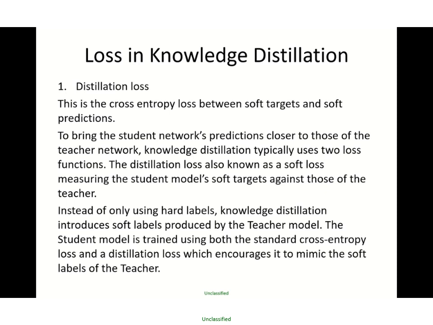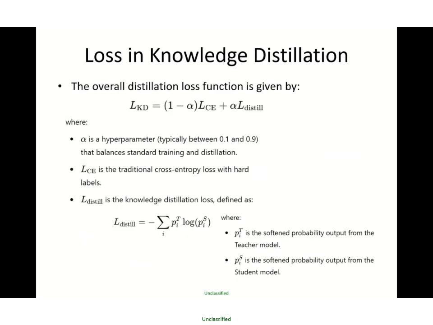Instead of only using hard labels, knowledge distillation introduces soft labels produced by the teacher model. Now here, outputs of the teacher model are ones we call soft labels. The student model is trained using both standard cross entropy loss and the distillation loss, which encourages it to mimic the soft labels of the teacher.